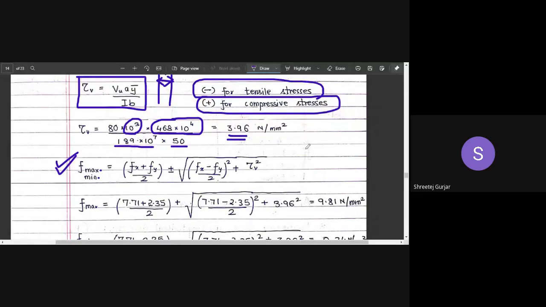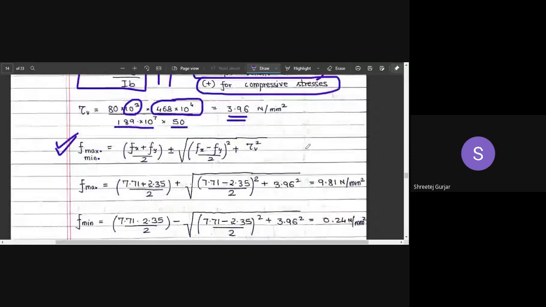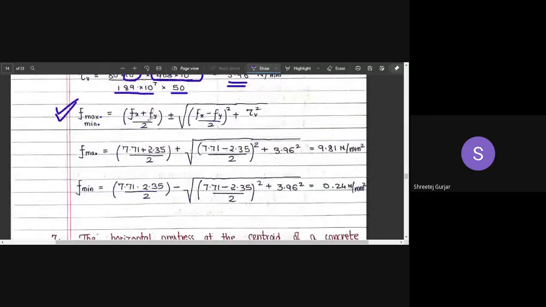So here you can see Fx plus Fy by 2 plus or minus square root of (Fx minus Fy by 2) the whole square plus tau V square. We can substitute Fx, Fy and tau V. All the things are known. We have got the maximum principal stress as 9.81 Newton per mm squared.